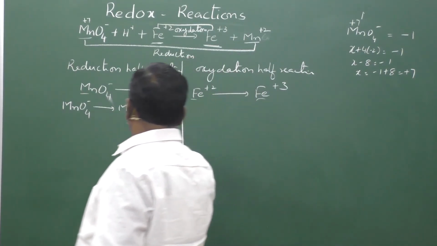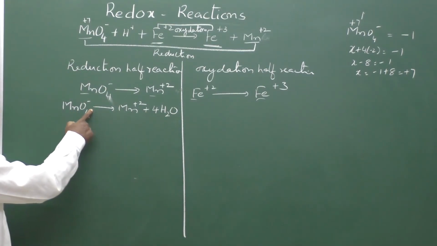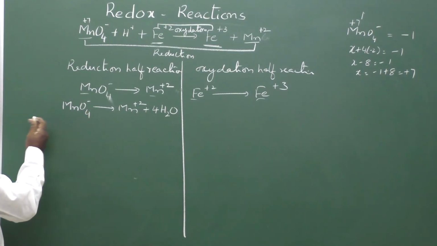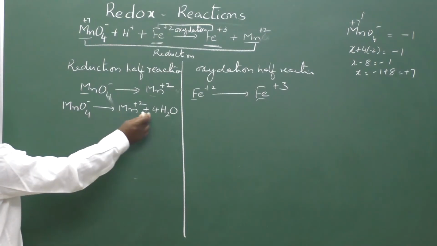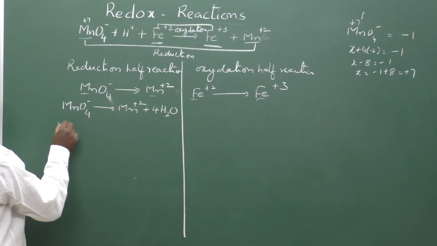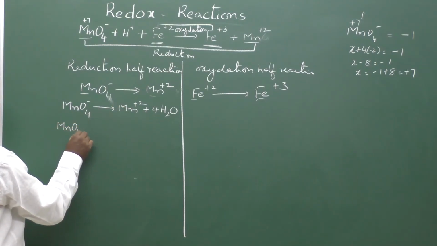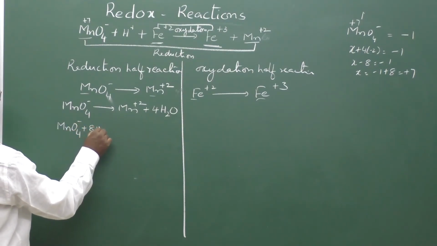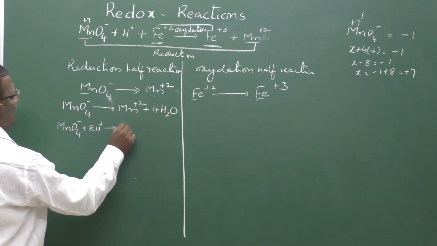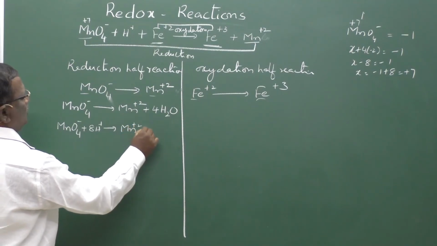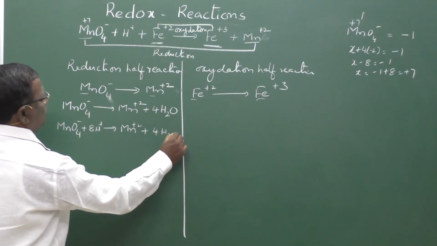Here 4 into 2, 8 hydrogens are there in the product side, and here there are no hydrogens. So in the reactant side you have to add H plus ions equal to this number, that is MnO4 minus plus 8H plus gives Mn plus 2 plus 4H2O.